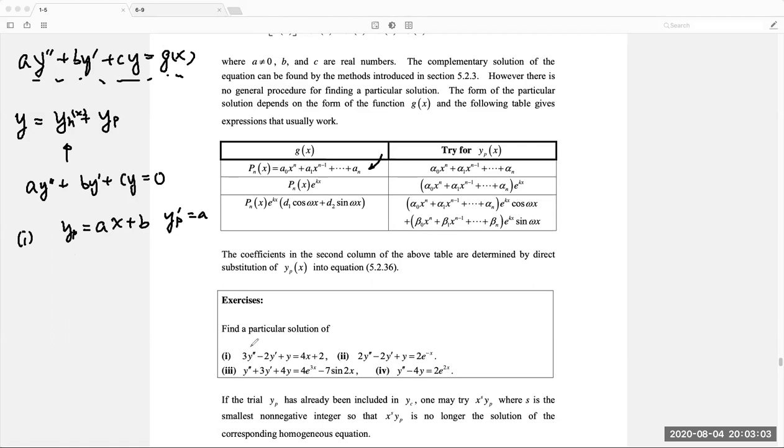So if you substitute in the left hand side, what you will get is negative 2a plus ax plus b equal to 4x plus 2. Then you compare the coefficients, and I think you can get the answers very soon. That means the particular solution should be 4x plus 10. That's it for the first part.